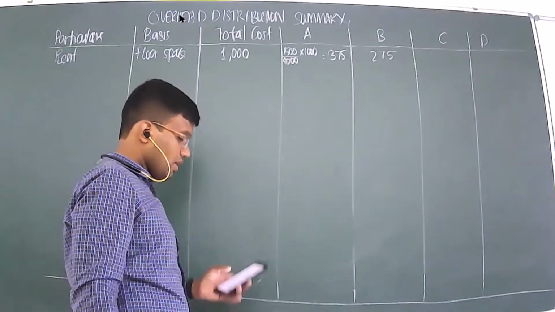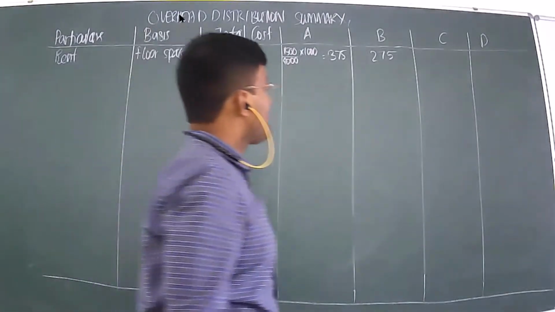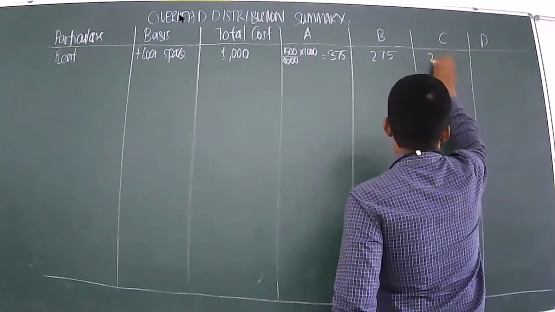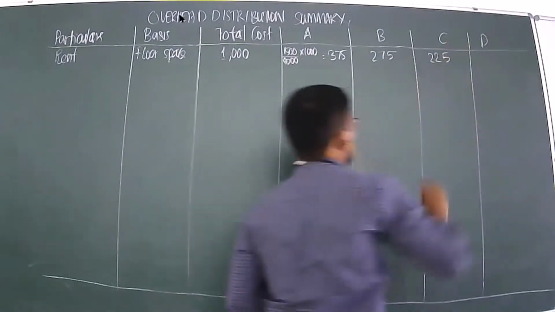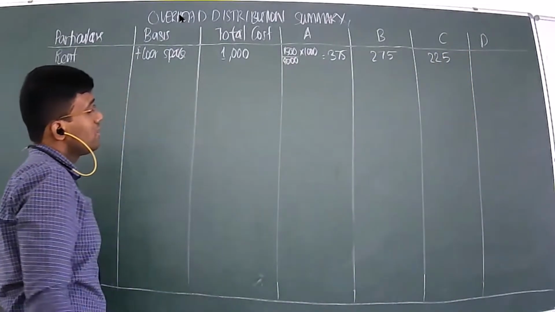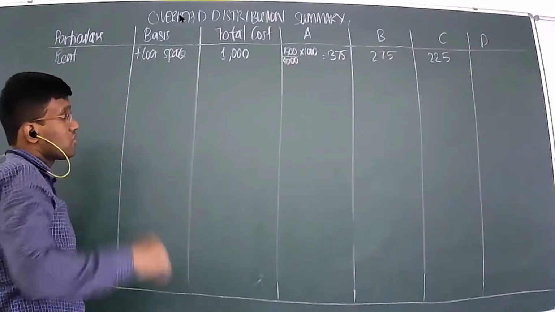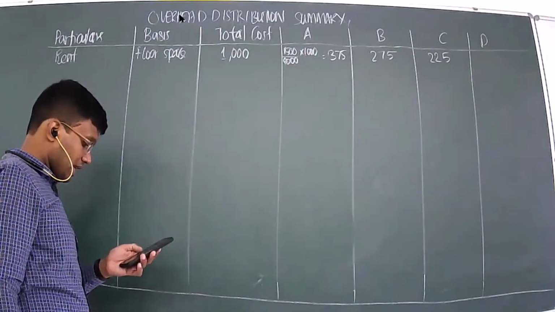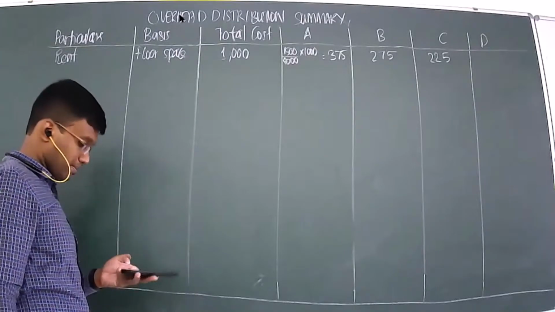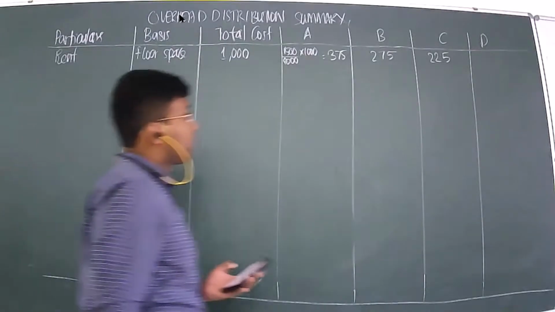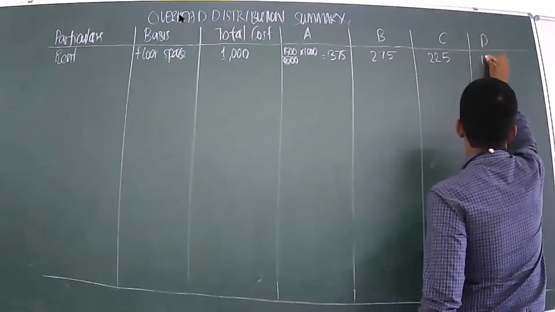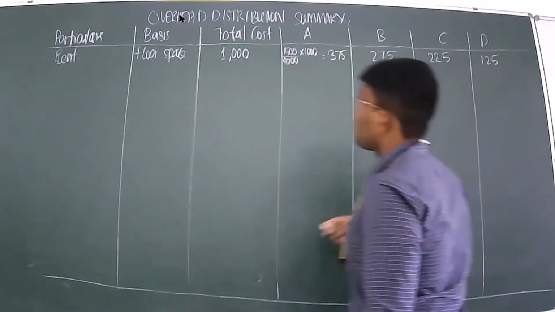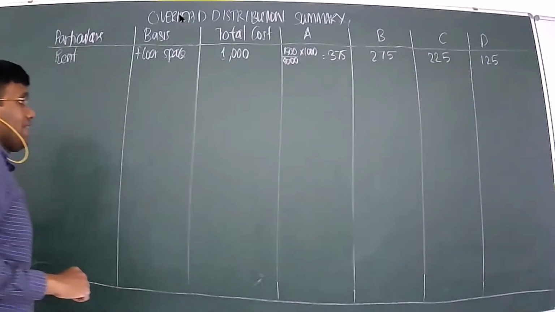Let's move on to the next one, department C. Department C is enjoying the benefit of 900 square feet, so you have found out that this is 225. Next is department D, and for department D, it is 125. So this is how you would go about apportioning the rent.